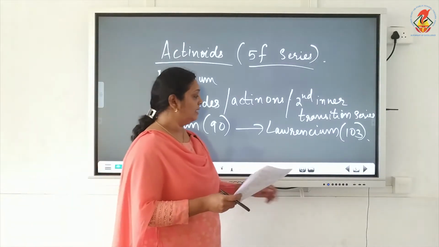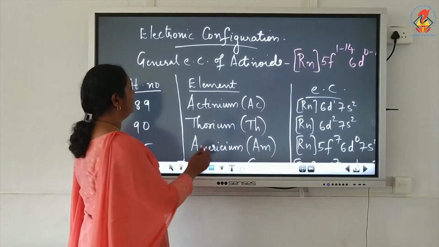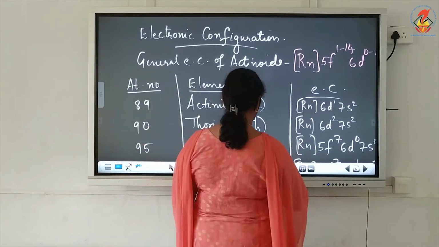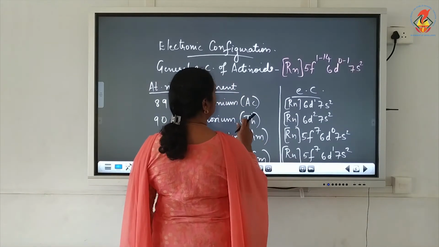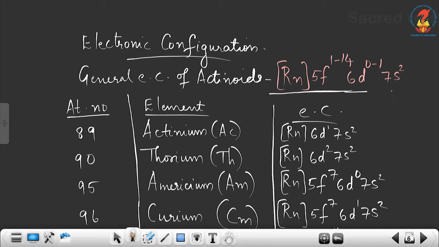Next let's see the electronic configuration of actinoids. The general electronic configuration of actinoids is radon 5f1 to 14 6d0 or 1 7s2. Atomic number 89 is actinium and the configuration is radon 6d1 7s2.